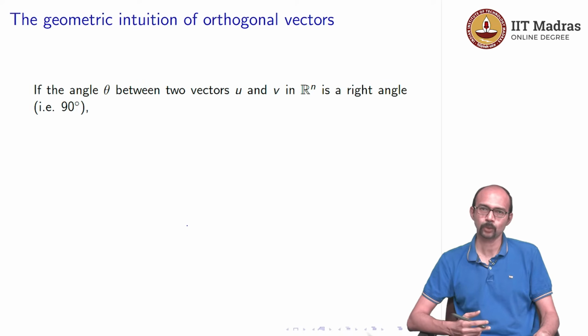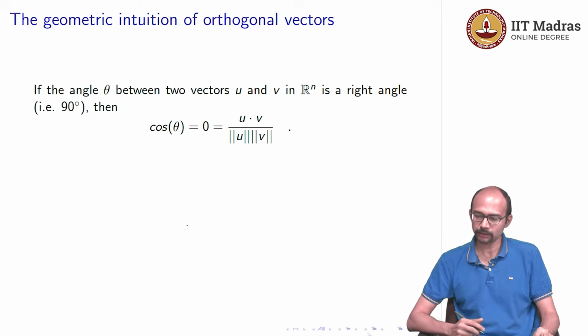Let's first ask what is the geometric intuition of what are called orthogonal vectors. We want to study orthogonality in this video. So what is a pair of orthogonal vectors? If the angle theta between two vectors u and v in Rn is a right angle, which means it is 90 degrees, then cosine of theta is 0, and we have just seen in the previous slide that we can compute it by looking at the dot product of these two vectors divided by the product of the norms.